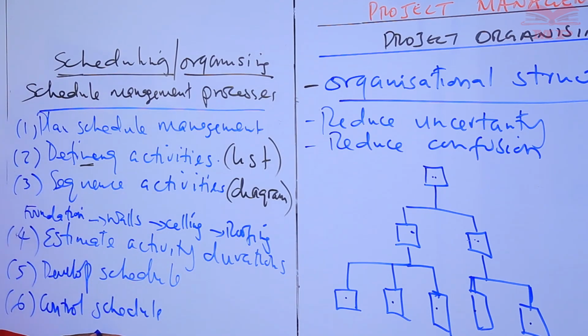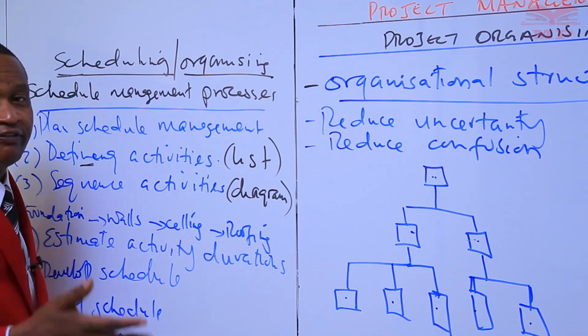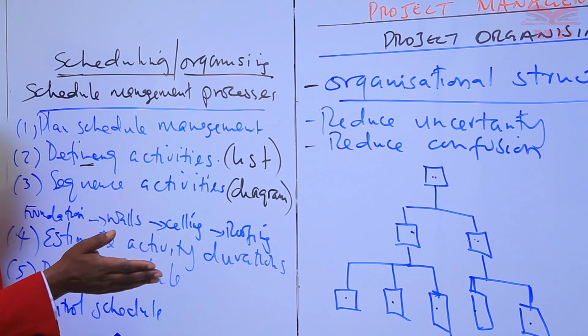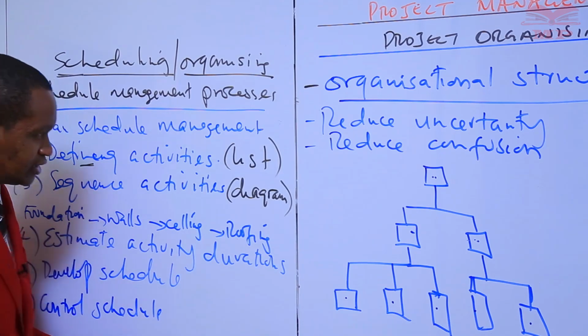So work performance information includes information on how the project work is performing compared to the schedule baseline. Now, when comparing the schedule baseline and the actual performance, you may have variances. And variances in the start and finish dates and the durations can be calculated at the work package level and also the control account level.